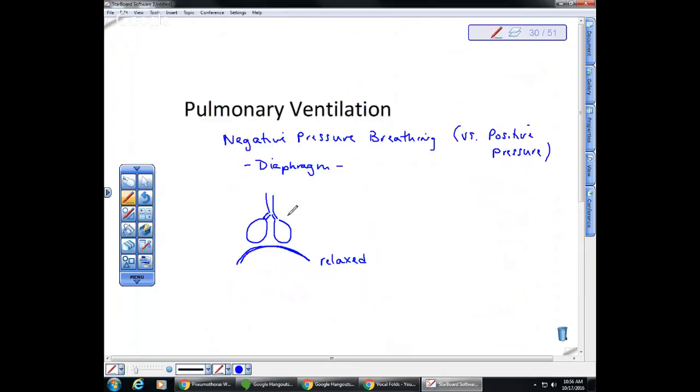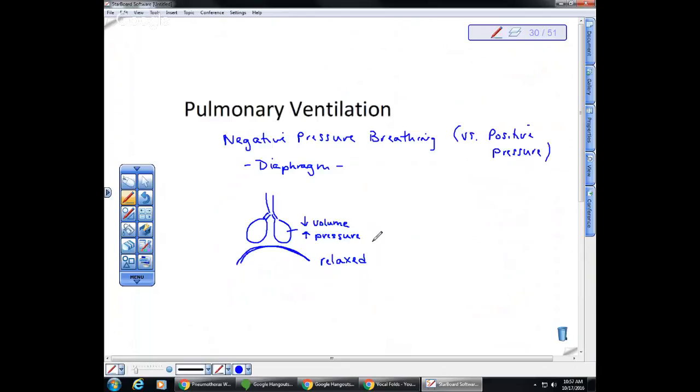If the diaphragm is pressing up on the lungs, the volume in the lungs is going to be low, right? So we say that the lungs have a decreased volume, and they have an increase in the pressure, because if it has less space, then there's going to be a greater pressure in it.